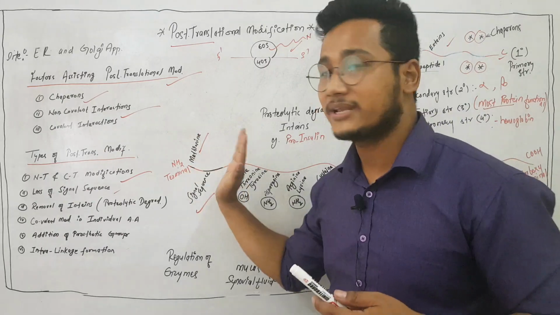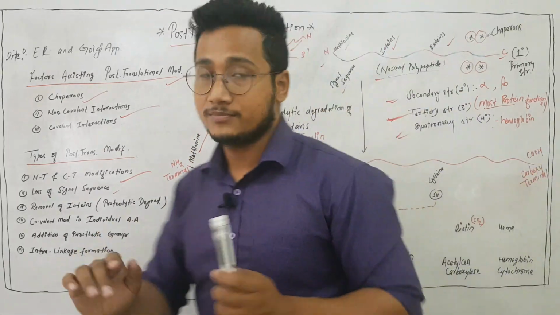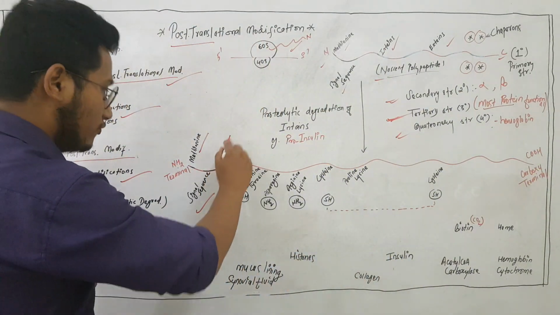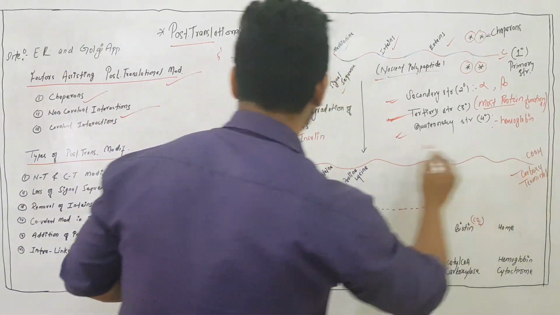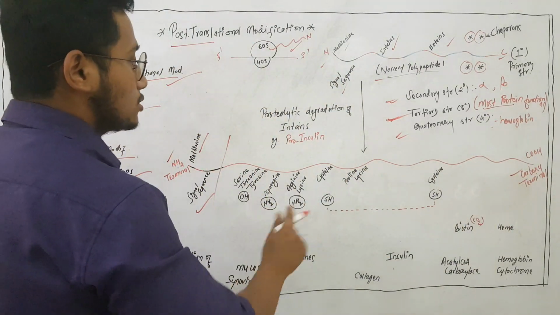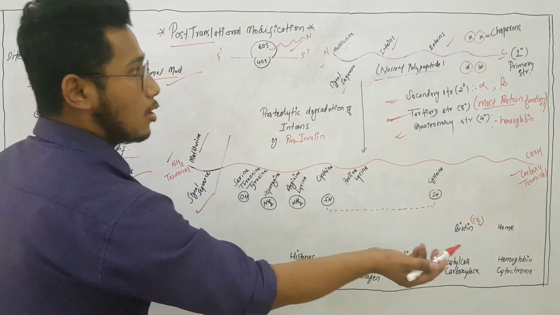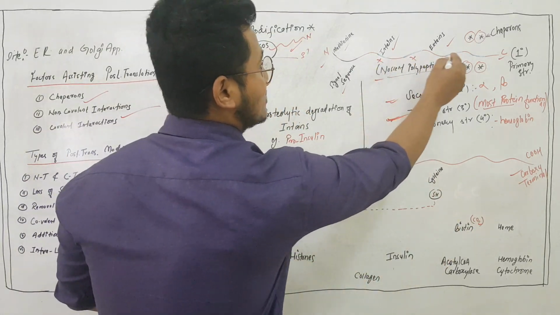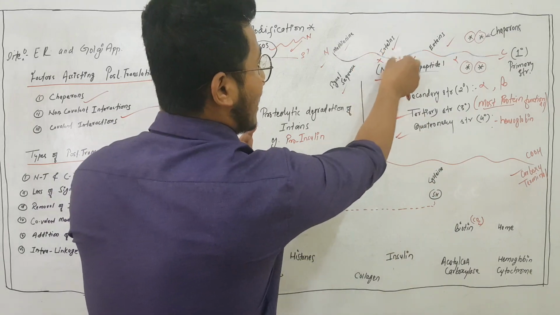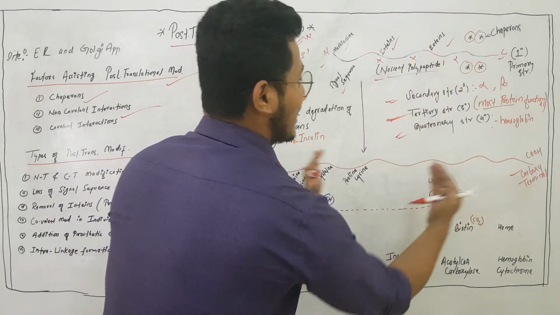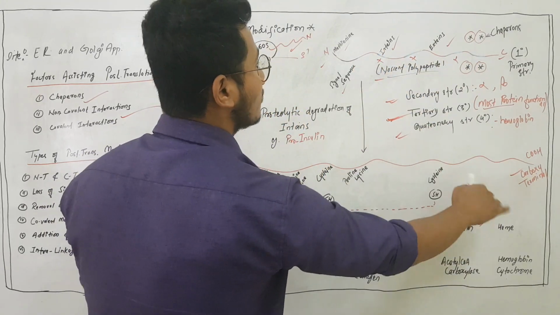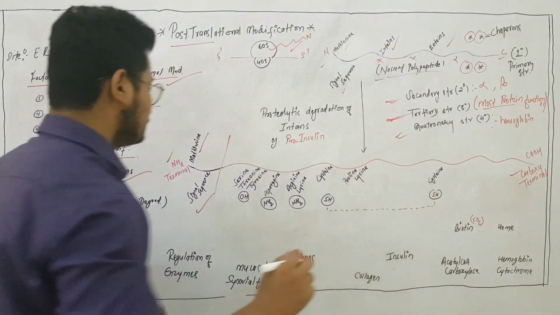Therefore, these are not required, and so these are removed, and these are modified. So what do we have left? We now have the polypeptides. Obviously we have removed the inteins, and all these red exteins are ligated, joined together, so you are not finding any of the inteins over here.